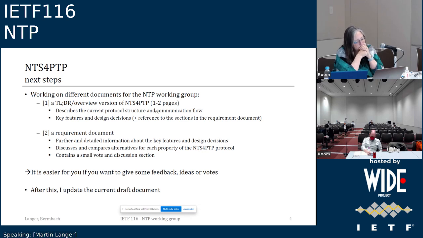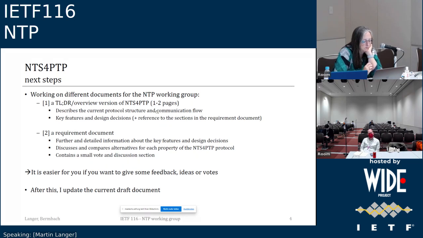The first one is a too long didn't read version of NTS for PTP. It should describe in two pages or less what NTS for PTP is, how it works, what core features it provides, and what design decisions have been made. The features and design decisions then refer to a section of a second document.